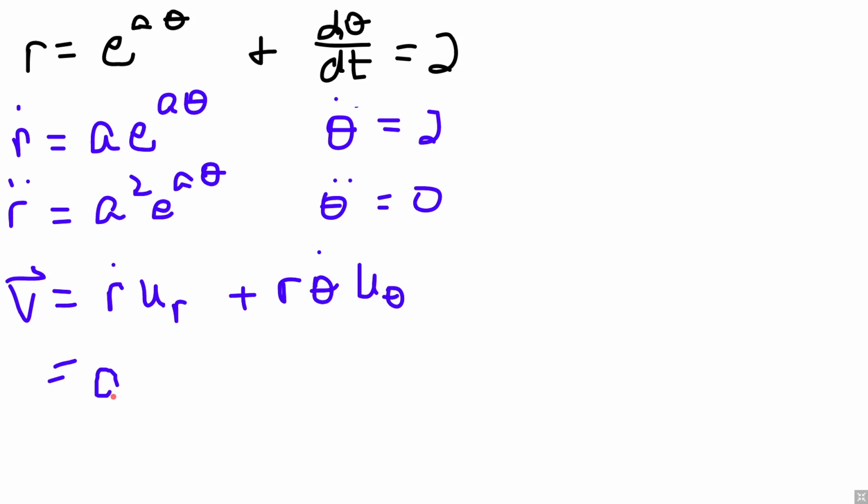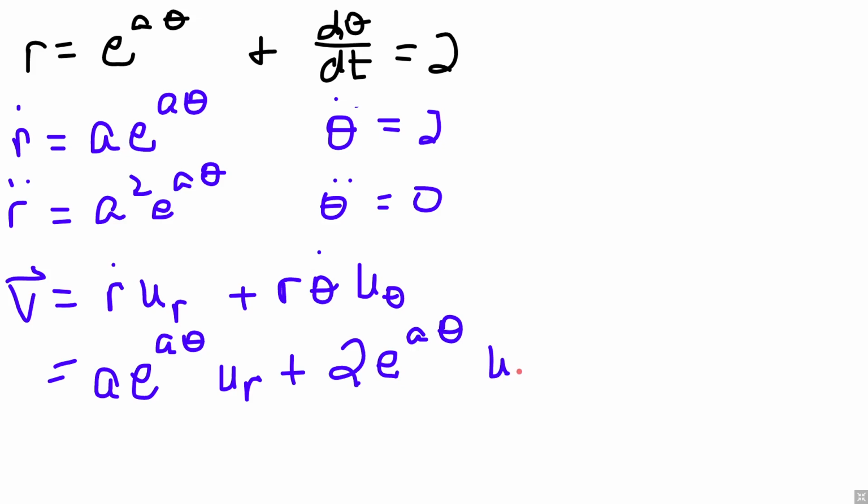R dot, which is a e to the a theta, we're going to multiply that by u_r plus r times theta dot, so that's going to be 2 e to the a theta times u_theta. Okay. Any questions there?